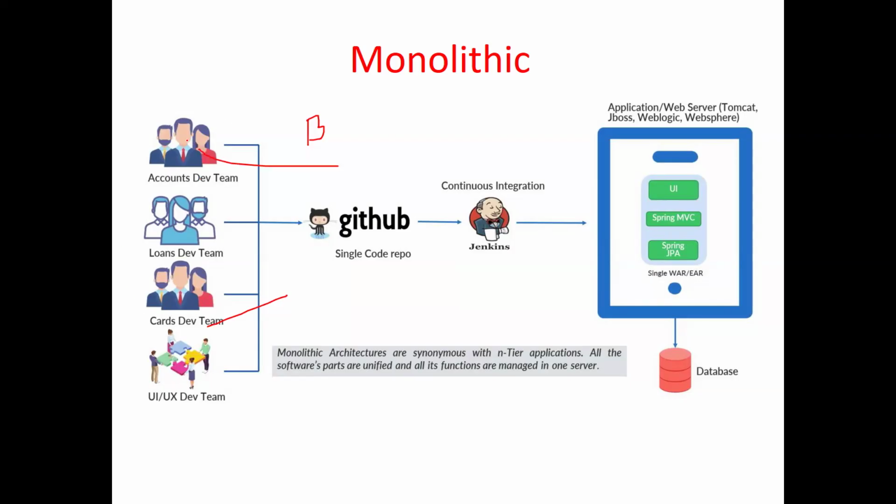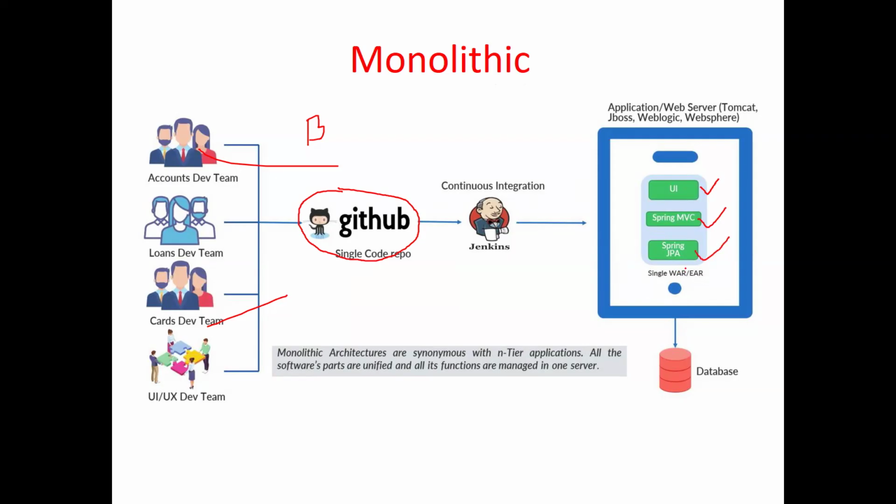All the functionalities are available in a single GitHub repo, and it has a single CI/CD pipeline, Jenkins, only one job. And this whole application has a user interface, your business logic, and your database logic.